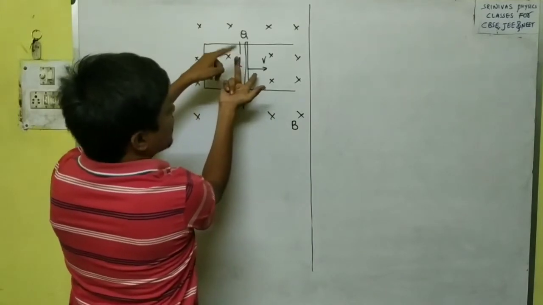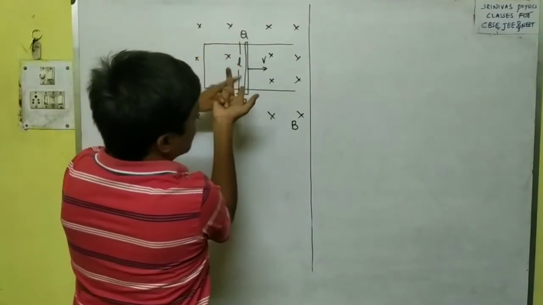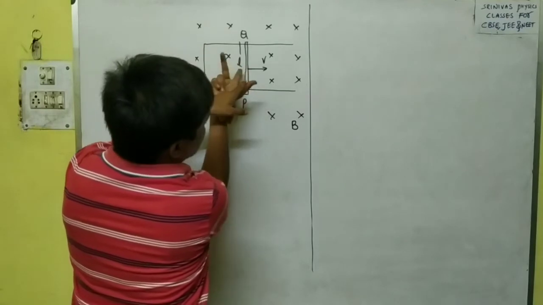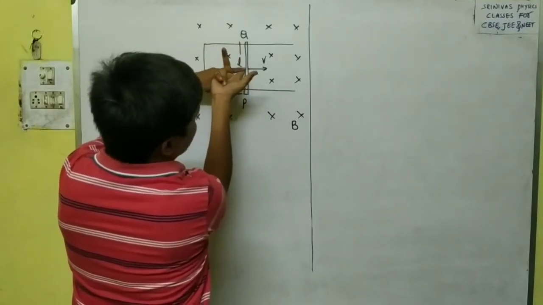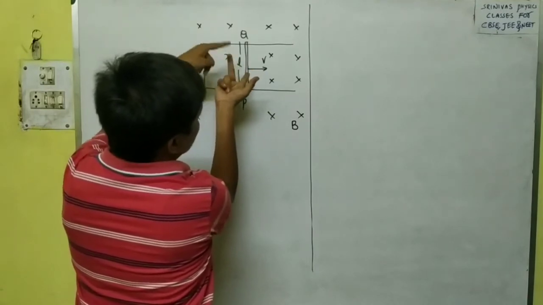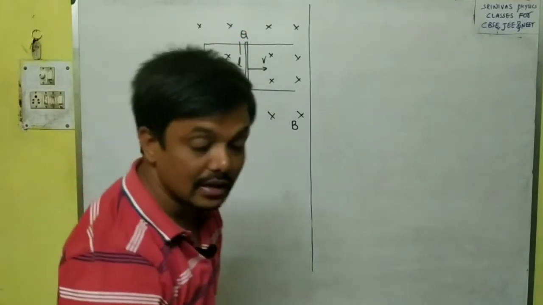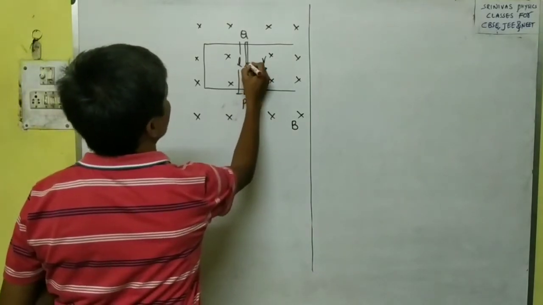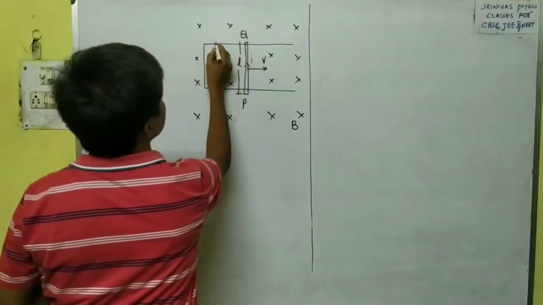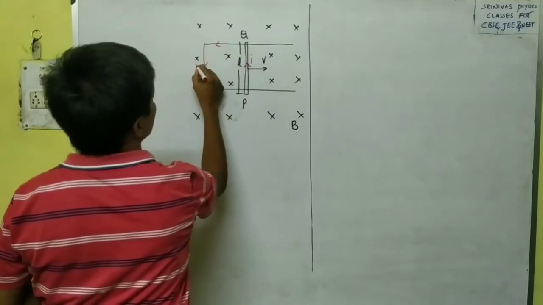Then the current will be upward, it is showing. Look at here, thumb is the motion of conductor, right side, conductor velocity right side, and forefinger the field inward, and this central finger upward. The central finger indicates the direction of induced current, right? The induced current is upward. Like this the current flows.